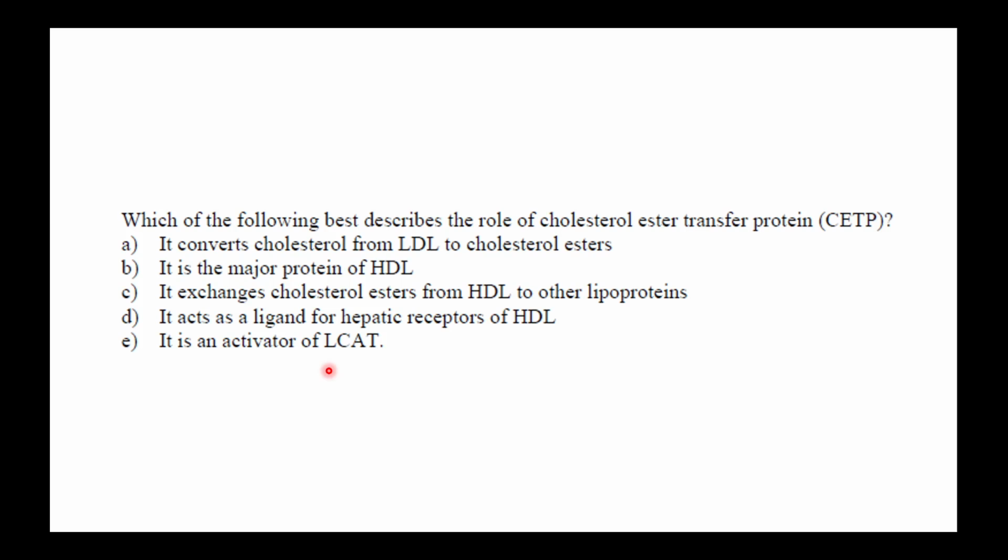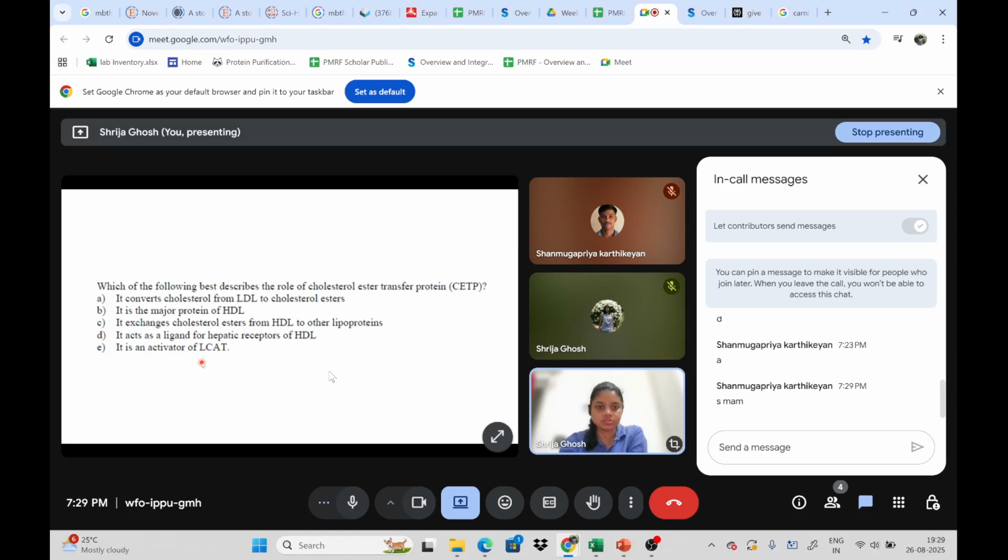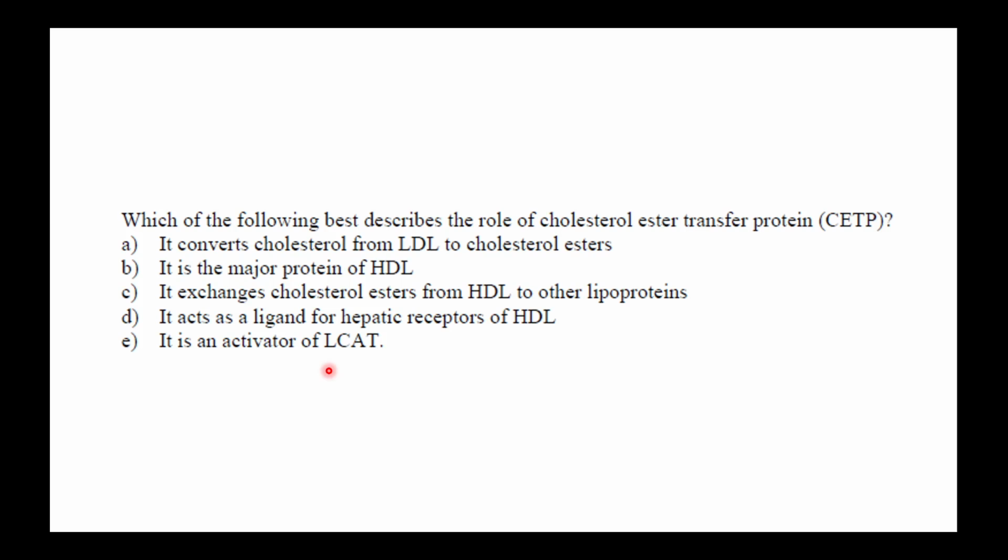Okay, so coming to the next question, which of the following best describes the role of cholesterol ester transfer protein, CETP? Option A, it converts cholesterol from LDL to cholesterol esters.